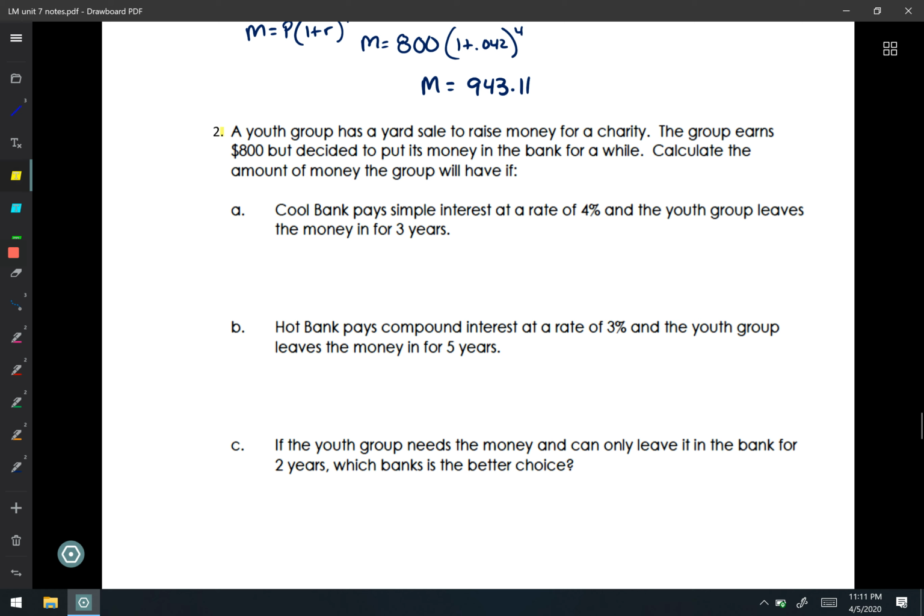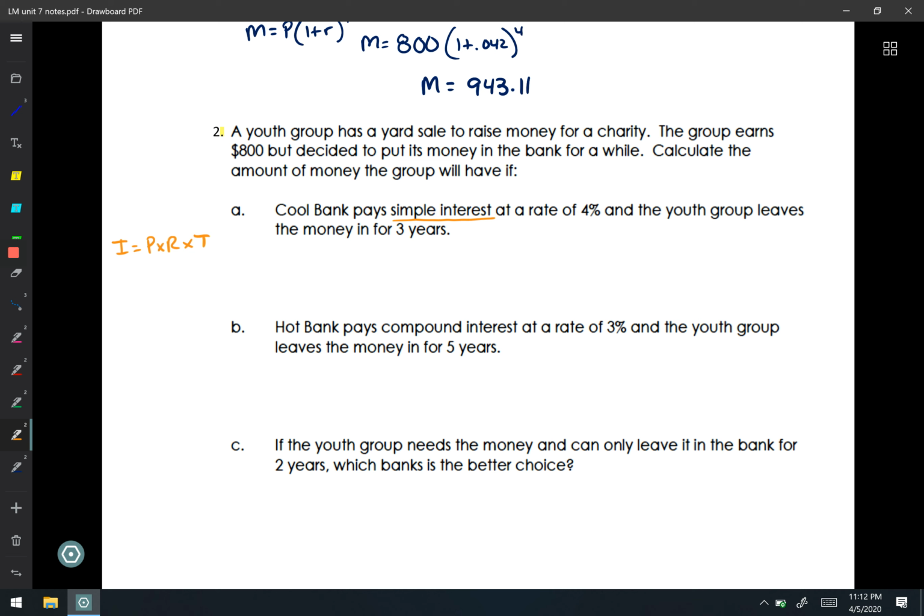That word, simple interest, that's what we talked about. We did simple interest in the past. Okay, so simple interest is our formula. I equals P times R times T.